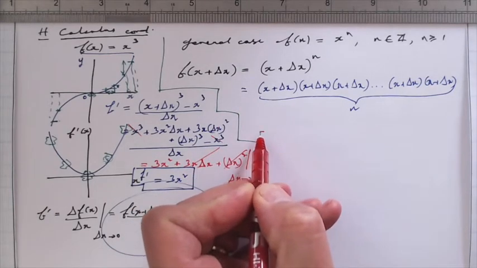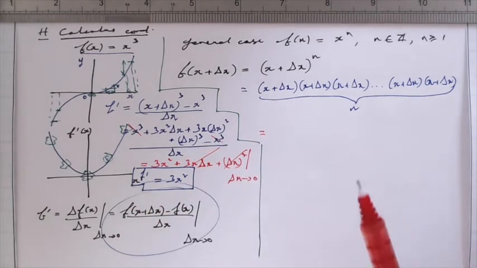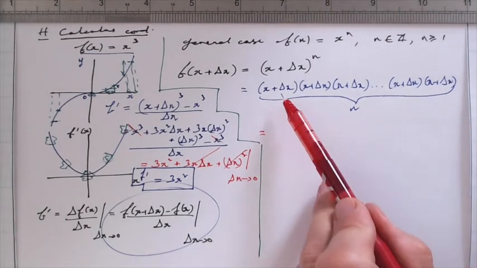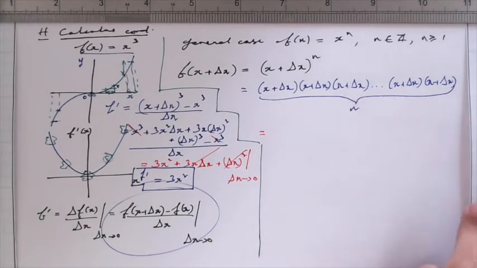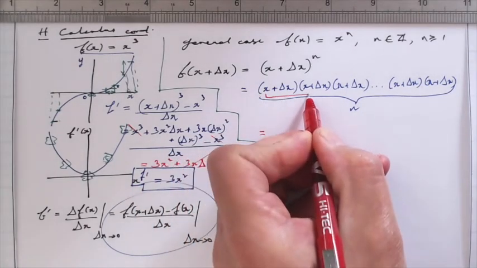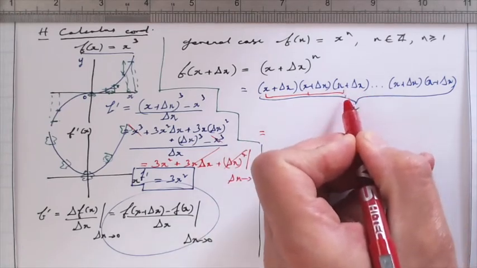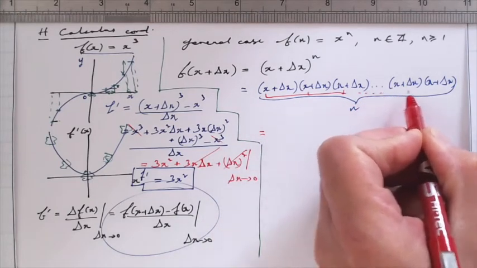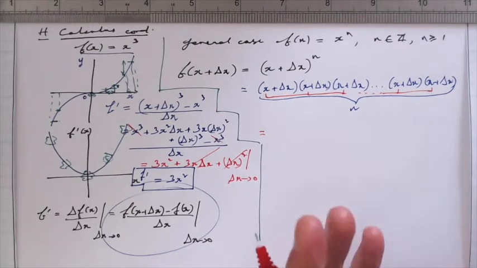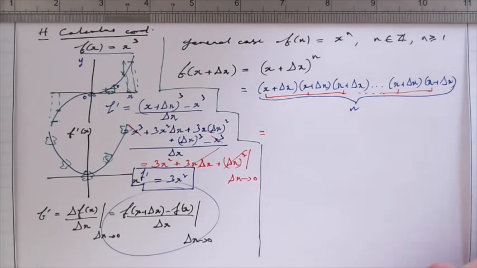Now here comes the magic. The biggest term is going to be when we select from each bracket the big thing. So we have big times big times big, and then dot dot dot times big times big. And that will be by far the biggest thing that comes from multiplying all these together.